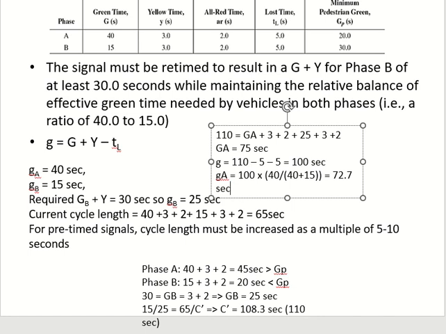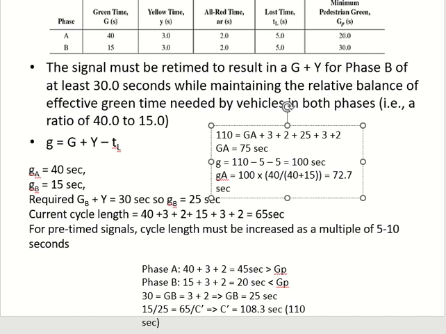Now, this ratio approach will work for 3 phases, 4 phases, 5 phases, doesn't matter. Even if we have 10 phases, you will put the old time of the phase on the top and the total effective green at the bottom.